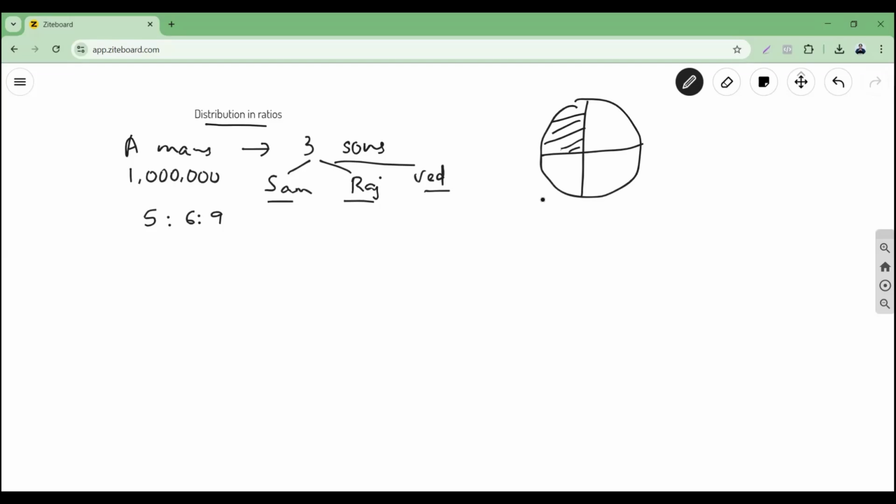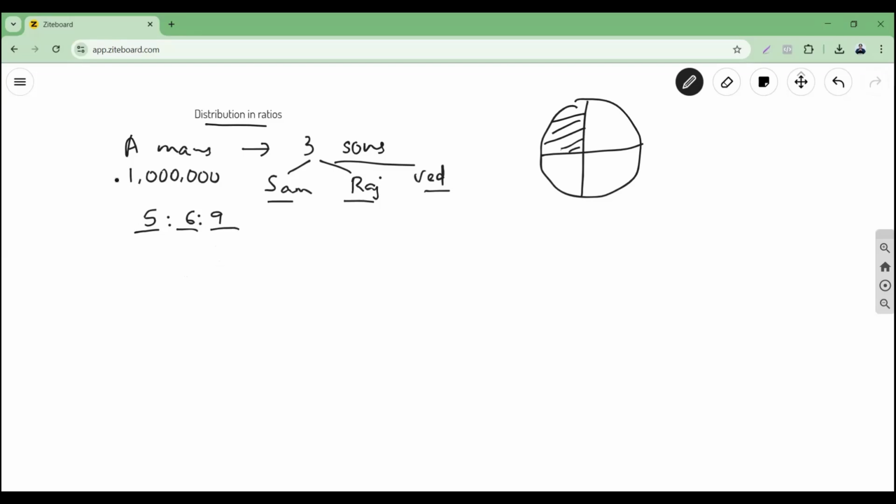Okay, let's go ahead and find out how much Sam is going to get. For this, first you have to understand what is happening. So this man has made 5 parts for Sam and 6 parts for Raj and 9 parts for Ved, right?